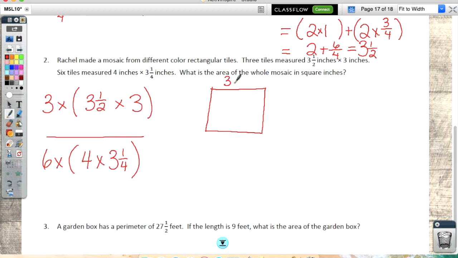And it's going to be 3 1/2 by 3. For this one, it's going to be 4 times 3 1/4. So get both of those written down.